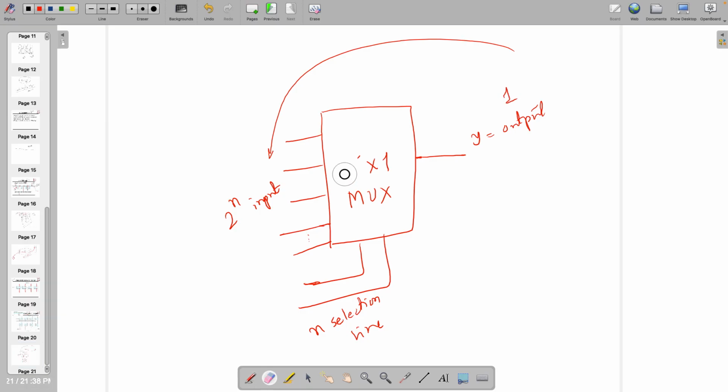If it is a 4 cross 1 mux, let's call the selection lines S1 and S0. If you are feeding 0 0, then the 0th line will be selected and it will go to the output. If it is 0 1, the first line will be selected, it will be connected to the output. If it is 1 0 and 1 1, so on and so forth, right?